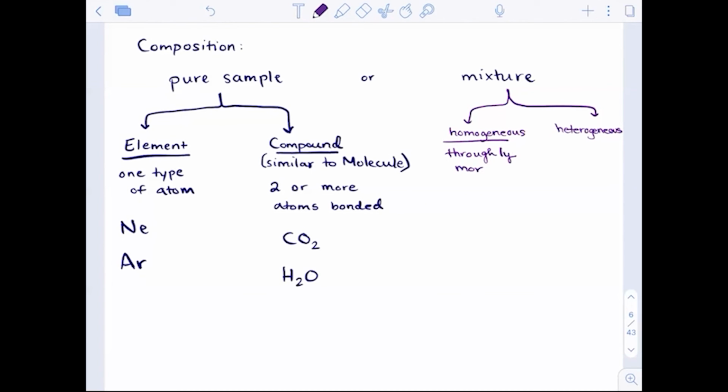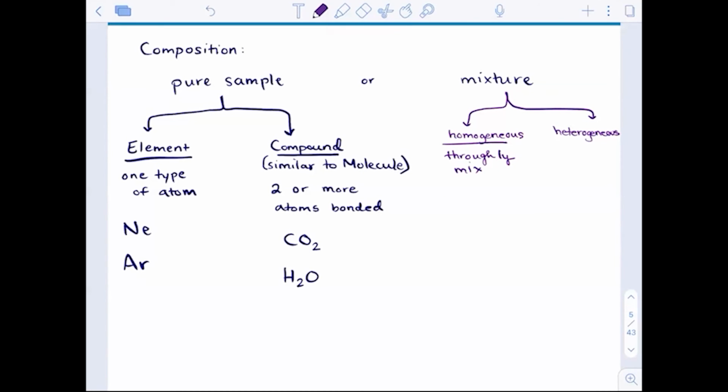Again, 2 or more compounds or 2 or more atoms not bonded. A mixture would be something that is like salt water. Salt water is a mixture of sodium chloride and H2O. Those aren't bonded together, but they are mixed thoroughly.